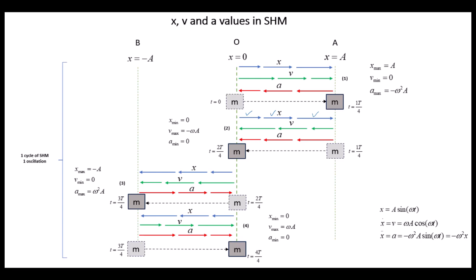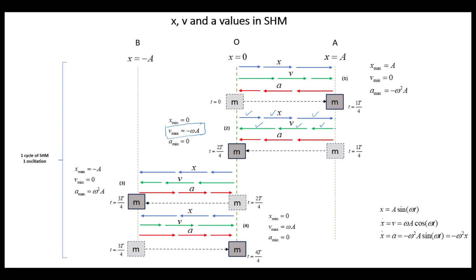Now talking about the velocity, the object starts from point A with the velocity 0, and as it moves towards the left hand side, the velocity keeps on increasing, and the velocity is the maximum at the center. The maximum velocity is given by V max equals minus omega times A. So the direction of the velocity is towards the left hand side, which means it is negative.